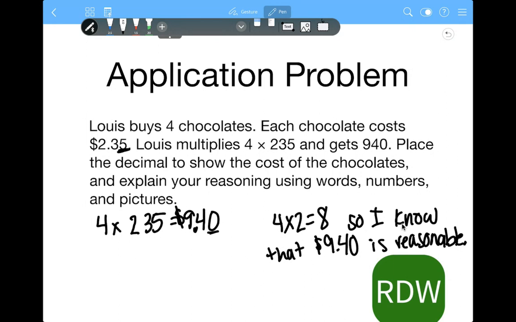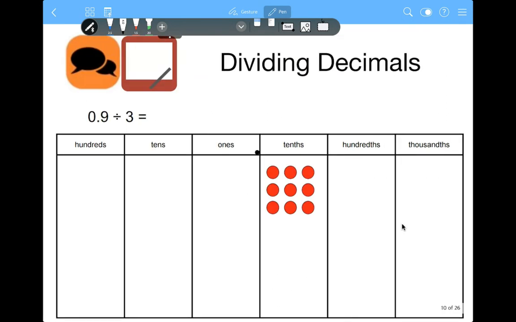Okay, moving on, we're going to start with dividing decimals today. So go ahead on your personal whiteboard and draw these discs. You've got 9/10ths here, so we're going to divide 9/10ths into 3 equal groups.